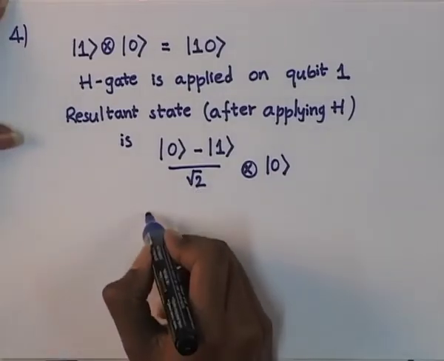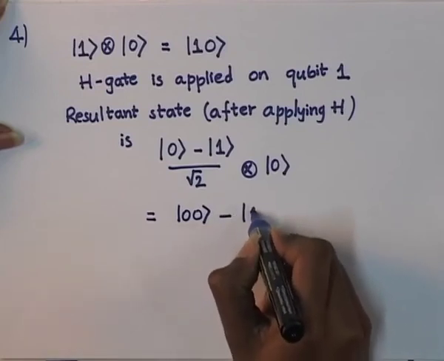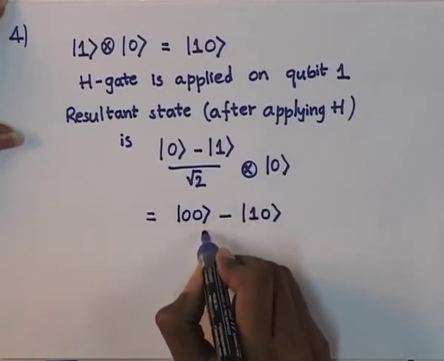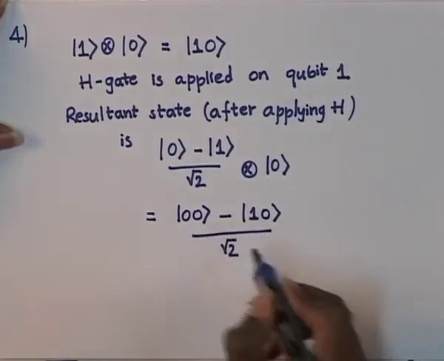So the resultant state is |00> minus |10> divided by square root 2.